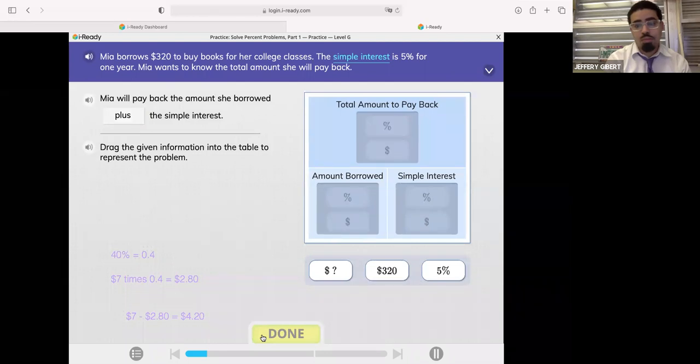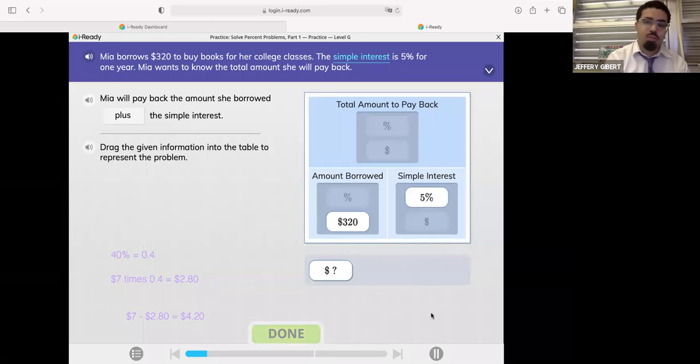We know the amount she borrowed was $320. And the simple interest is 5%. But we don't know the amount she paid us back. All right, correct.